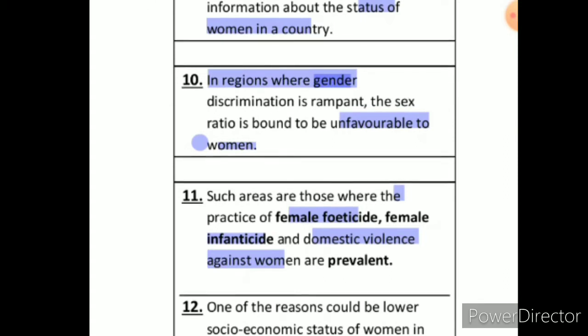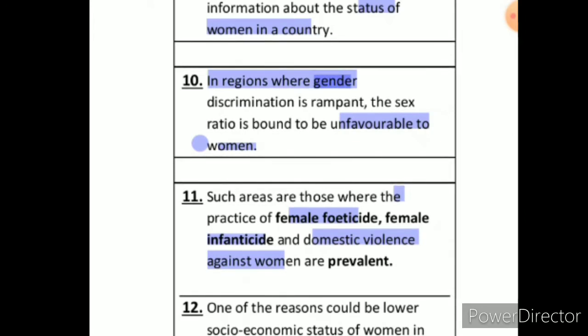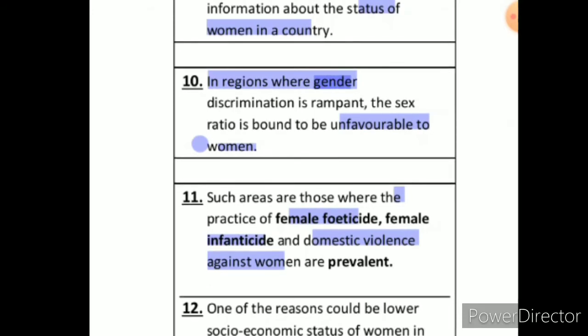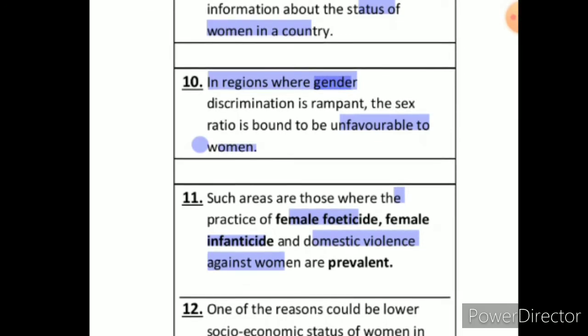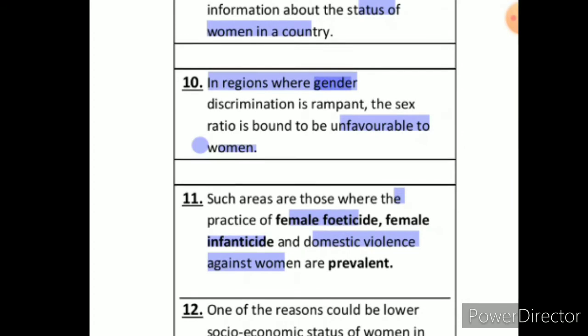One of the reasons the status of women has been lowered in some areas is that they are not given the same social and economic status as males. You must remember that more women in the population does not mean they have a better status. By chance, if you come across that women are more in population, that does not reflect that they are getting better status.